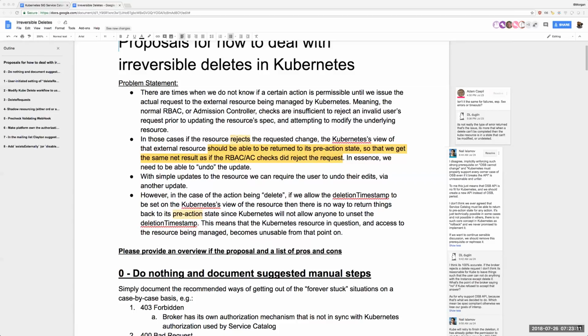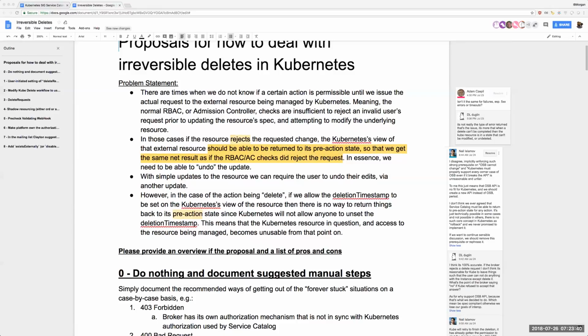So I believe the problem we actually have now is that we have a service catalog server which is Kubernetes compliant, and we have the OSB spec which has a corner case which is not 100% compatible with this Kubernetes compliance. And this is the problem we really have here: when the user issues a delete on a service instance, for example, in Kubernetes, the user doesn't do anything wrong.